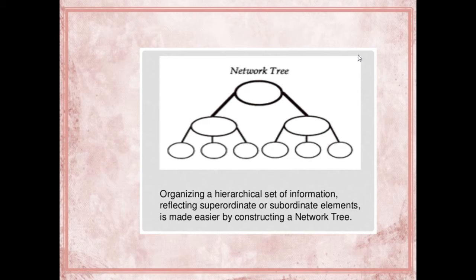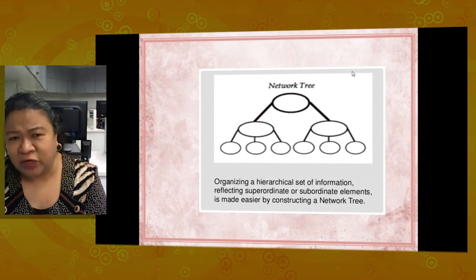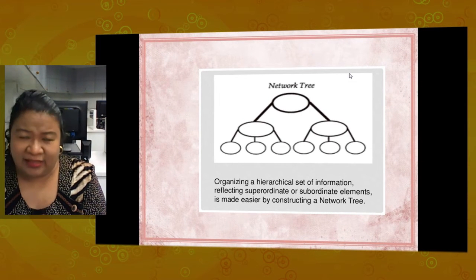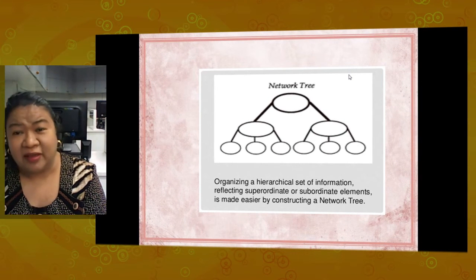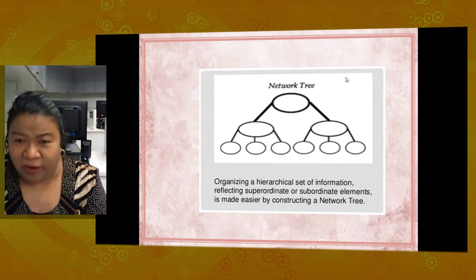So if it's hierarchical, there's a main concept, and then it goes down, then you use this type of graphic organizer. So you see, it's a way for the teacher to quickly communicate the information that he or she wants the students to understand and remember.